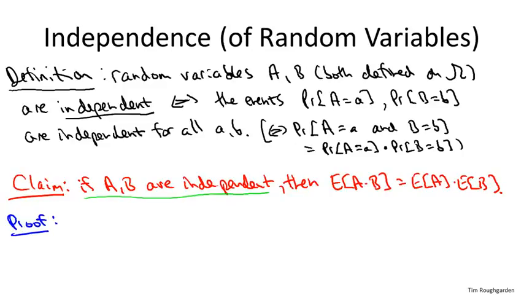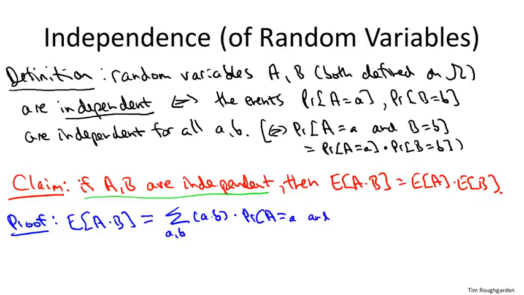Well, it's just a straightforward derivation where you follow your nose. I'll write it out here for completeness, but I really don't think it's that important. So you start with the expectation of the product. This is just the average value of A times B, of course weighted by the probability of any particular value. So the way we're going to group that sum is we're going to sum over all possible combinations of values, a and b, that capital A and capital B might take on.